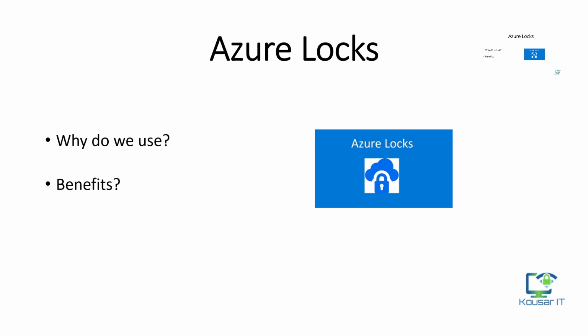So basically logs, as the word represents, lock means no one can enter without the specific permission, or no one can change anything inside the premises. So locks can give you security, like no one can accidentally delete any resource from the cloud.